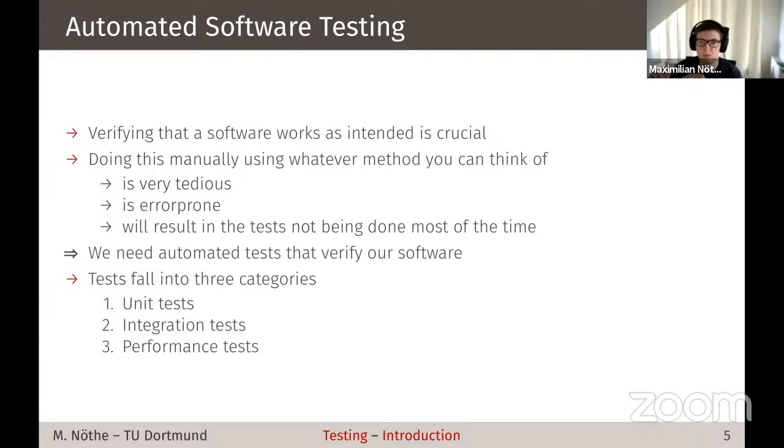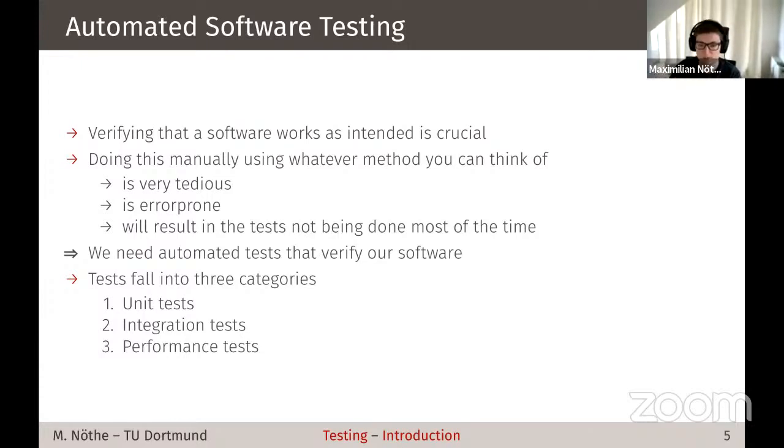And you should really make sure that it's only testing this one small piece of code. Then there are integration tests, which basically bring multiple units together and only then test if they can work together.